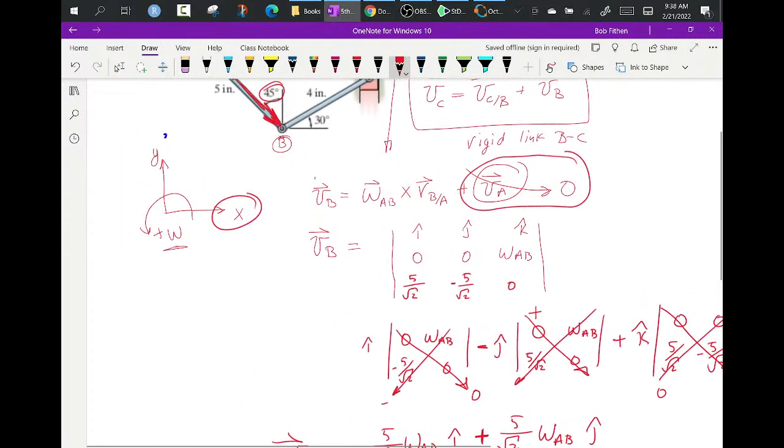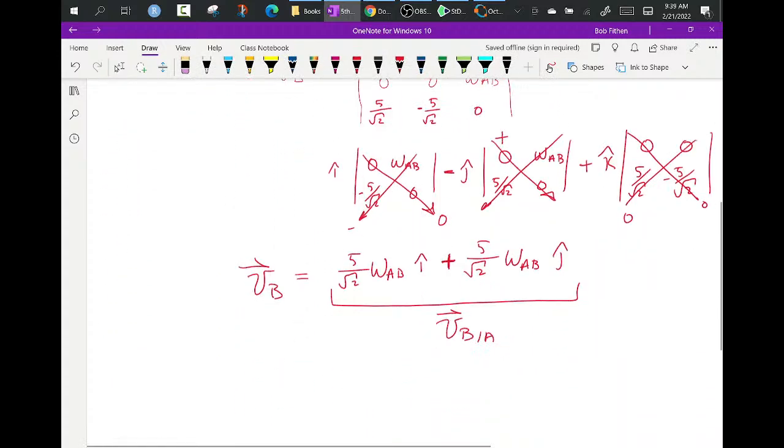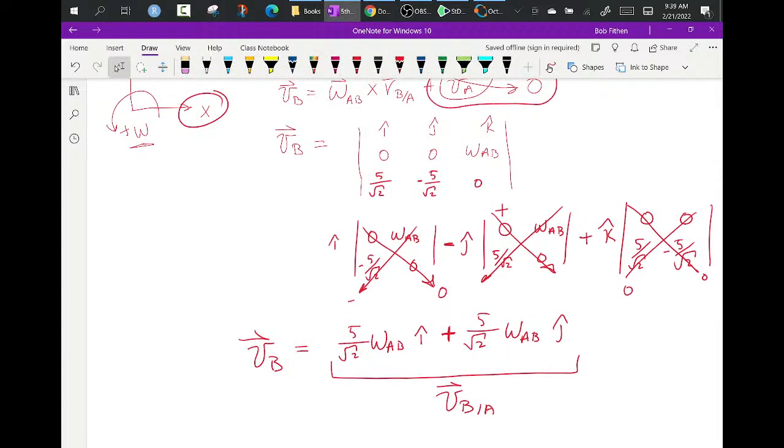And so if this truly is spinning in the positive direction, then you're going to have a velocity that's going to have a positive X component and a positive Y component. So is that what I got? I do have a positive and I do have a positive. So at least I got the right direction.